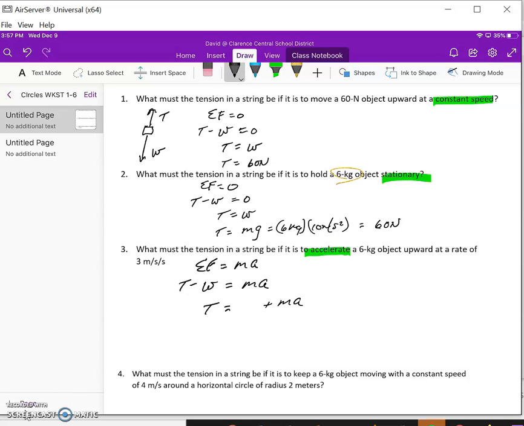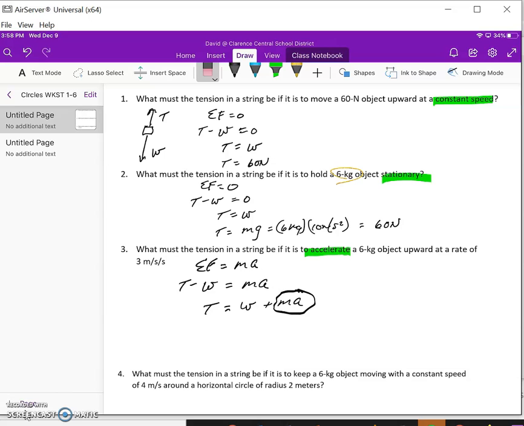If we pause for a second, that makes total sense. If there were no acceleration, this term would go away and we'd have tension equal to weight, which is what we had in the first 2 questions. But here the tension is not equal to the weight. It's equal to the weight plus some amount, which I have circled, equal to mass times acceleration.